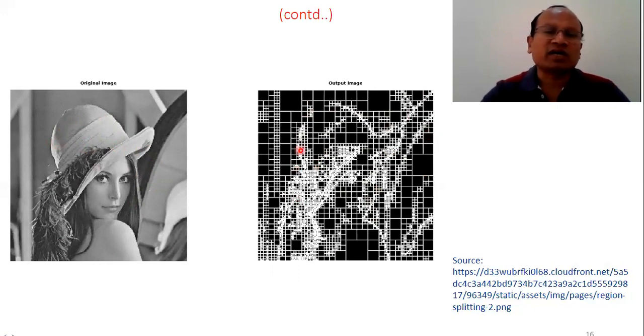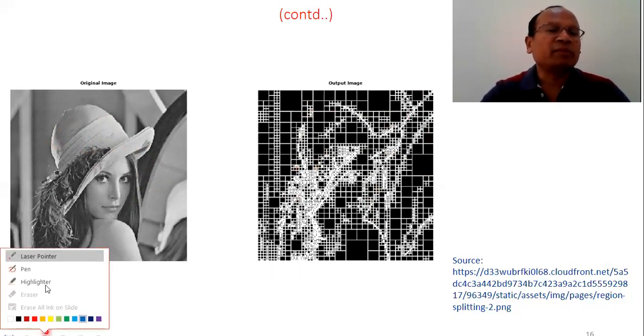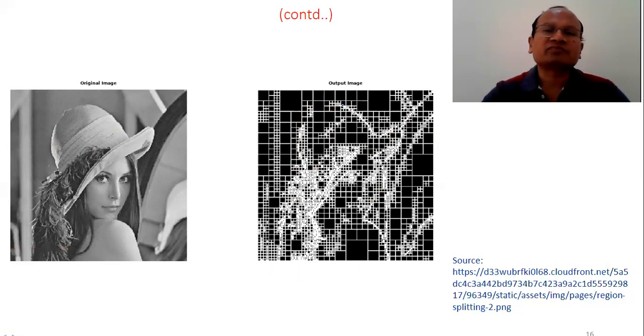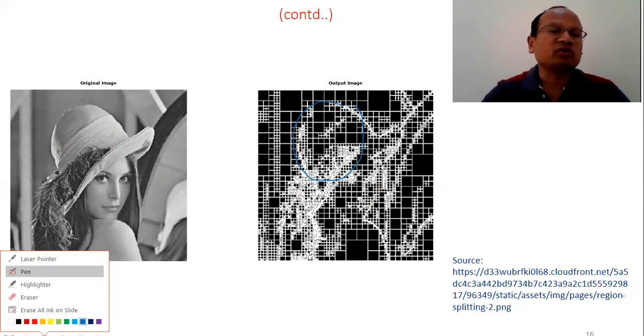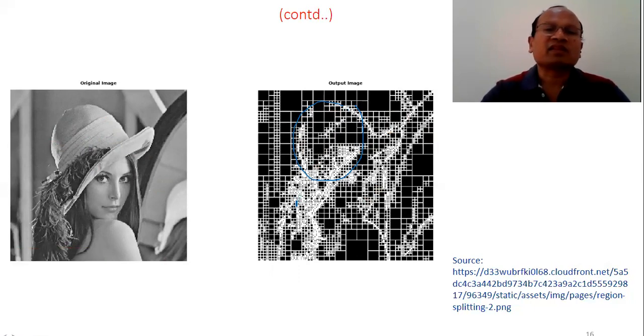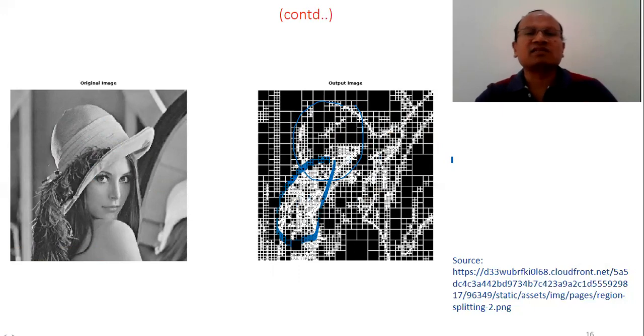Based on certain values, this is the area. Better to use the highlighter. See, this is the hair area. Look here, similar values, so they are segmented in that manner. So this is the result that you can choose.